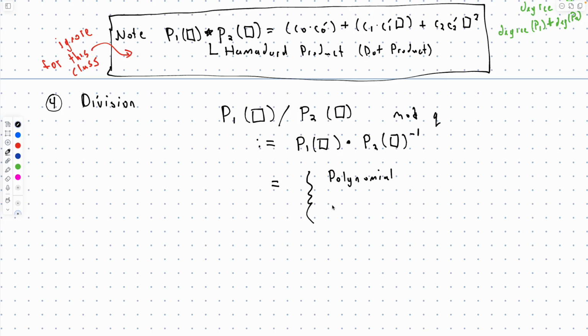The fancy term for that is a rational function. It's like you have some polynomial terms on top and some polynomial terms on the bottom, and you can't reduce it any further.